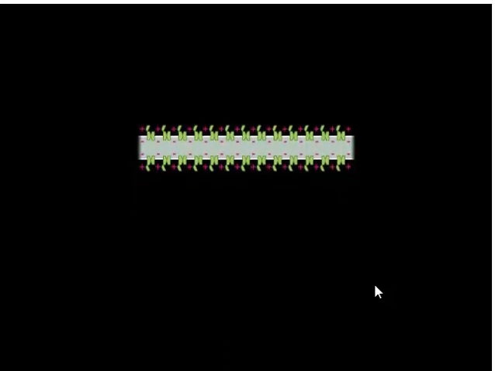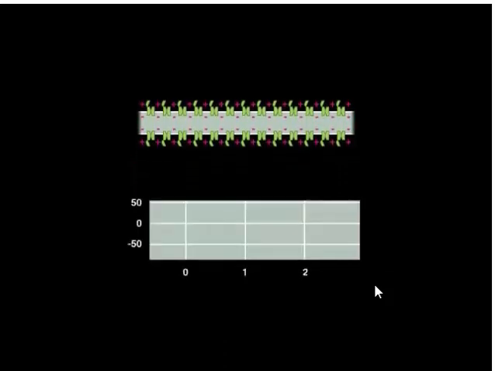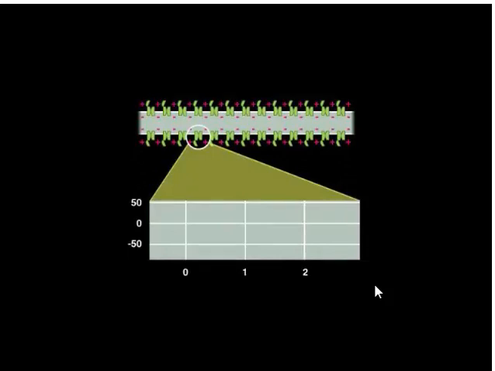The action potential is propagated along the length of the axon in only one direction. By examining the membrane potential and state of the sodium channels along a length of the axon, we can see why this is so.